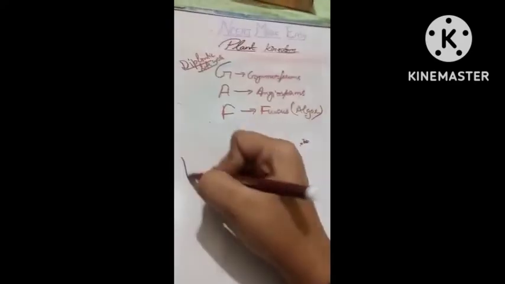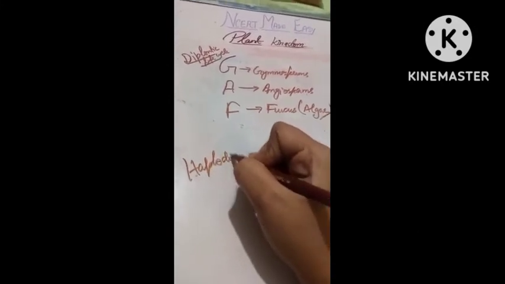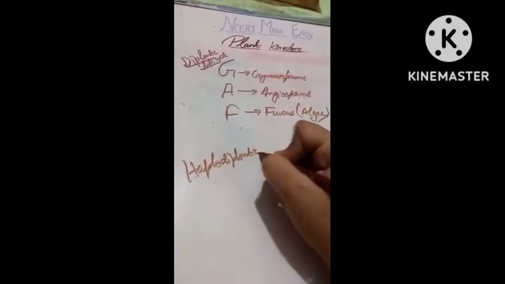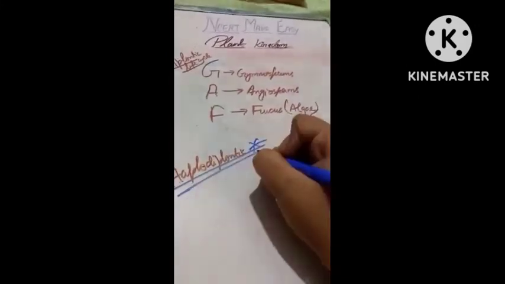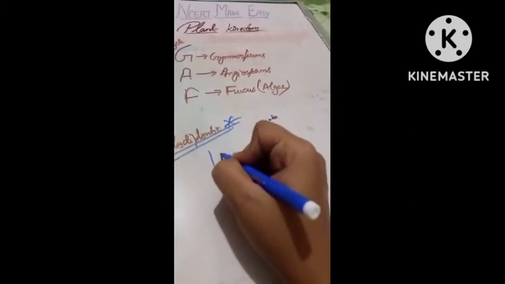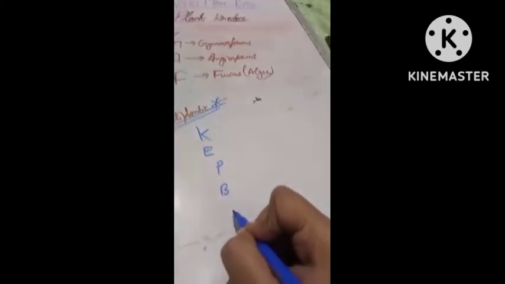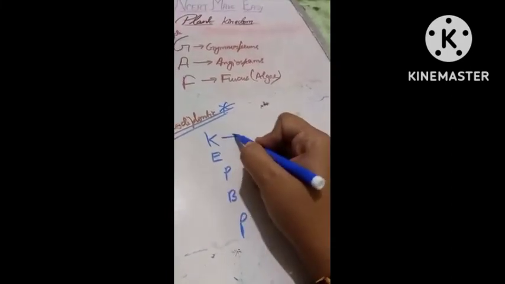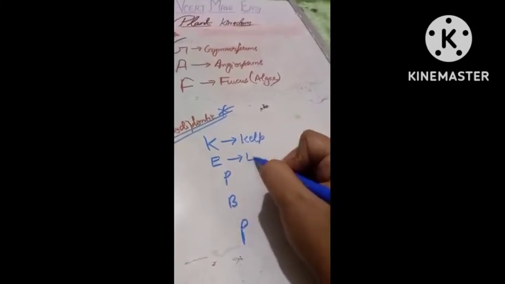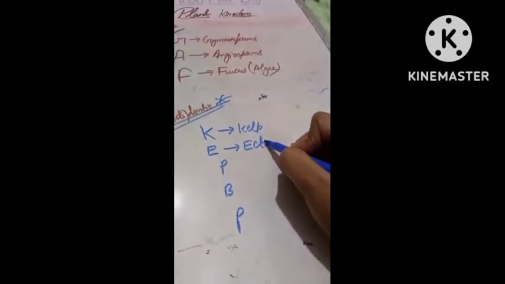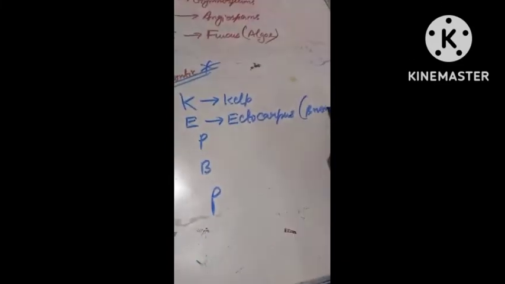Now coming to haplodiplontic, it's very important from the NEET point of view. I am giving it a star mark because it's very important, and its code is KEPBP. K represents kelp, E represents Ectocarpus, as you know a brown alga.